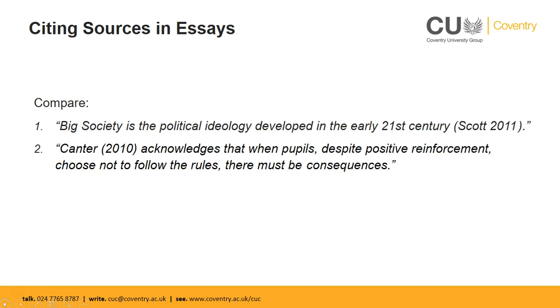So let's have a comparison here. We've got the two ways of citing sources from the two examples. So the first one, big society is the political ideology developed in the 21st century. Cantor, 2010, acknowledges that when pupils, despite positive reinforcement, choose not to follow the rules, there must be consequences.